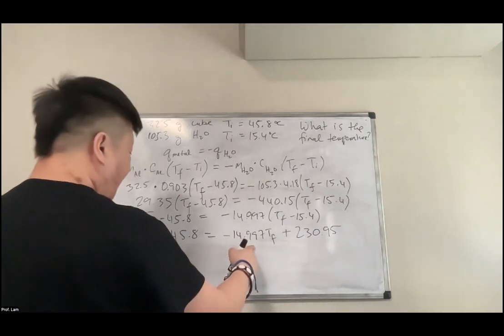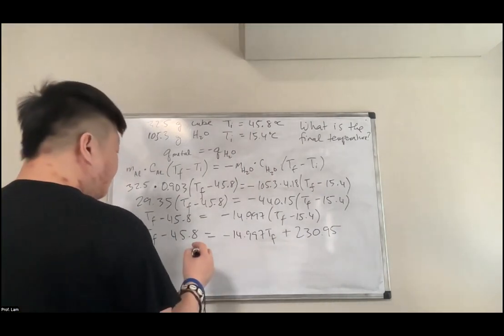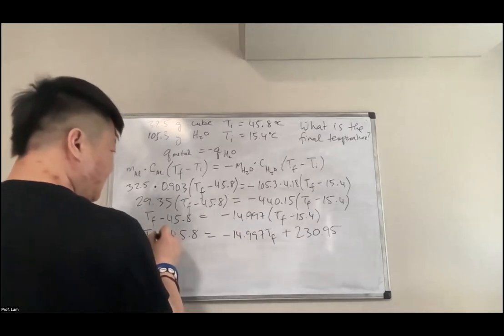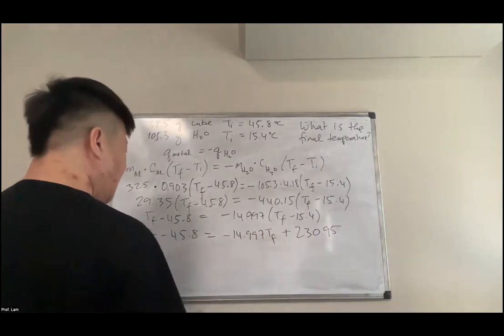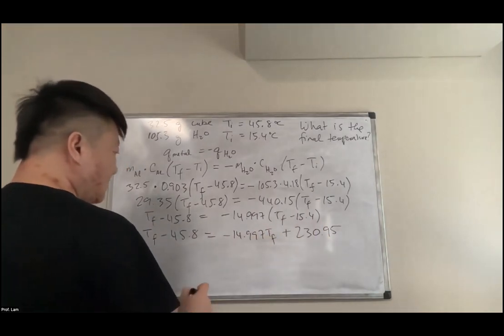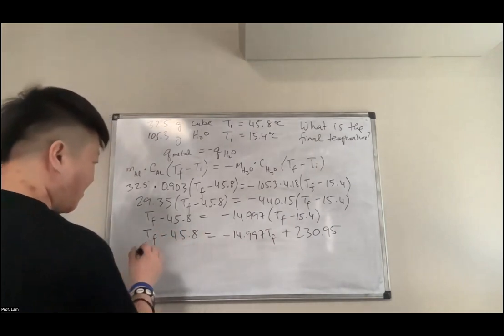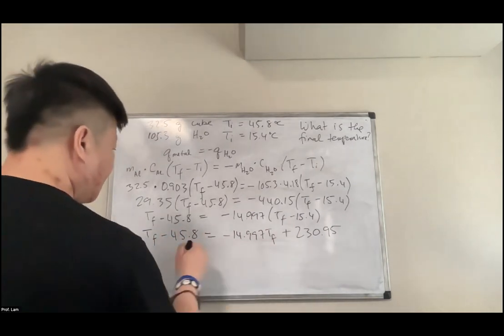All right, so at this point now, I'm going to collect the terms together. So I'm going to add TF to this side, and I'm going to add 45.8 to that side. Okay, so adding 14.997 to this side, now I'll have, that's 1 TF plus this.